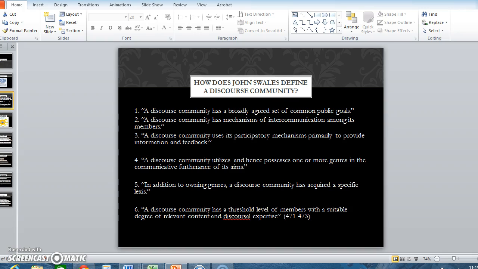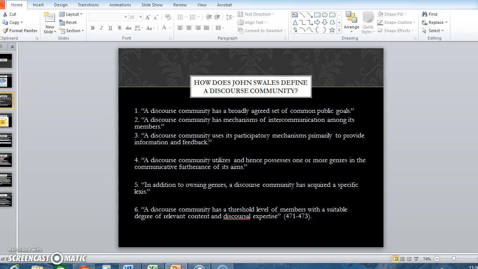And this brings us to number 6, that a discourse community has a threshold level of members with a suitable degree of relevant content and discursive expertise. Really what Swales is saying here is that to be a part of a discourse community, to be an active member, and to be accepted in that discourse community, you have to have a level of expertise.